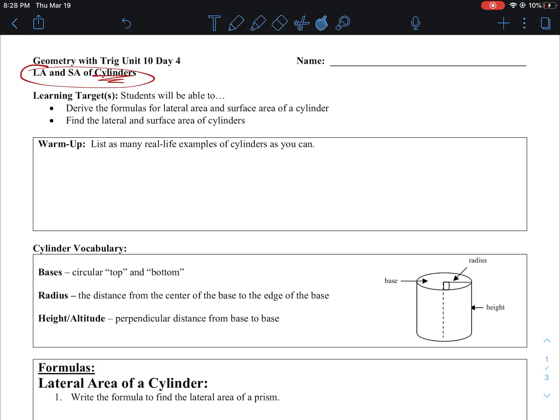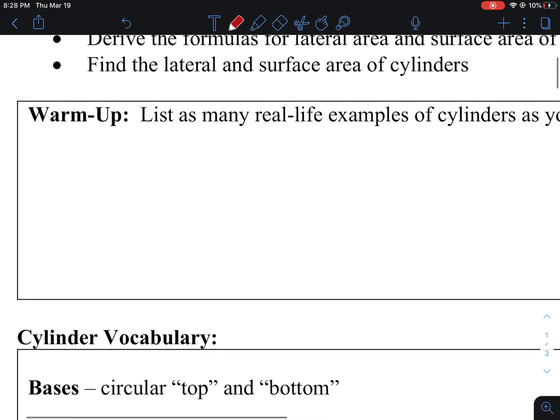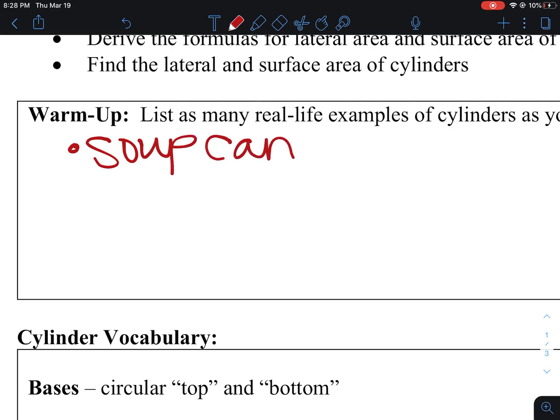Okay, so the warm-up is asking us to list as many real-life examples of cylinders that we can think of. So if you want, you can pause it right now and write a few that you think of, or just keep going and we'll write some down. I can think of, off the top of my head, a soup can, like a tuna can.